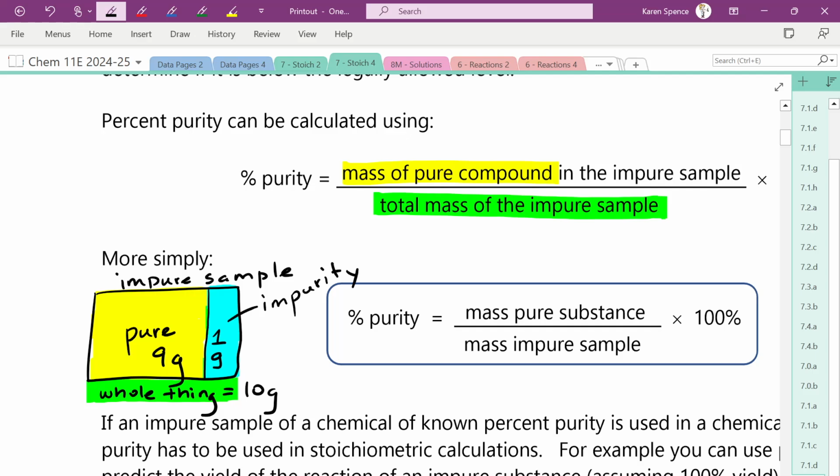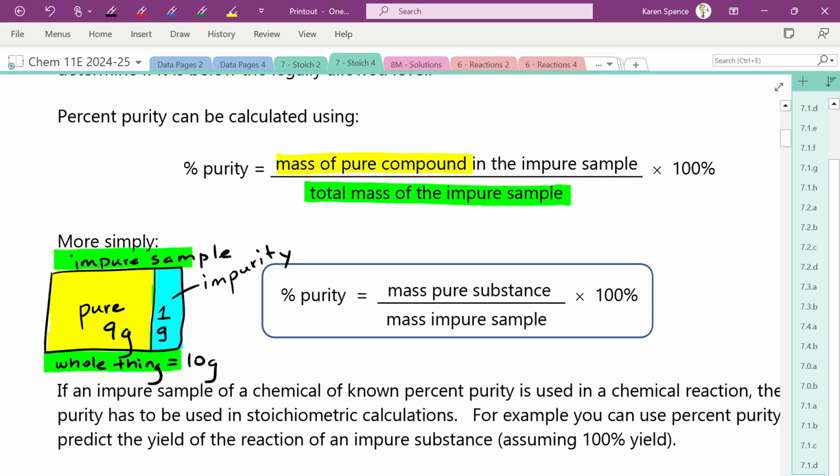So we're going to take the mass of the pure compound, 9 grams, and divide by the mass of the whole thing, the impure sample. That's 9 grams divided by 10 grams, which gives us 90% pure. And that's what percent purity is.